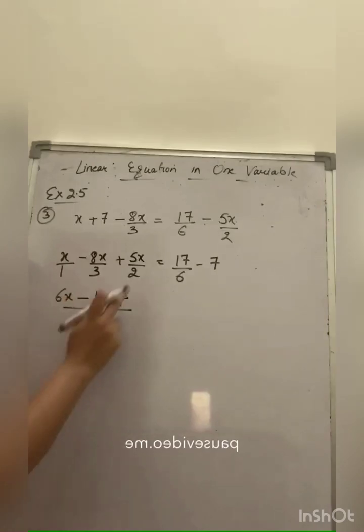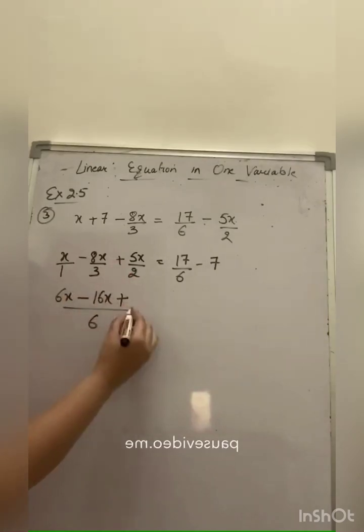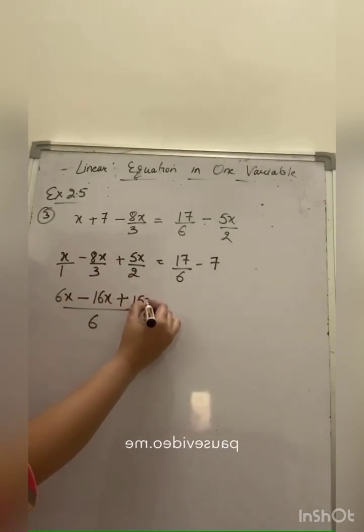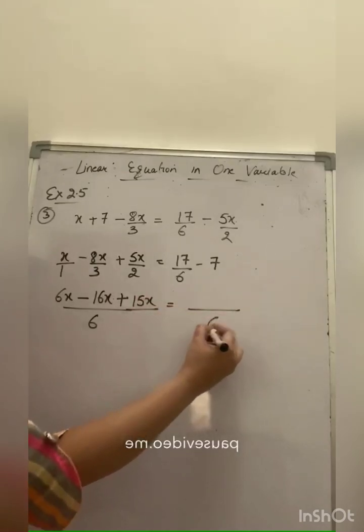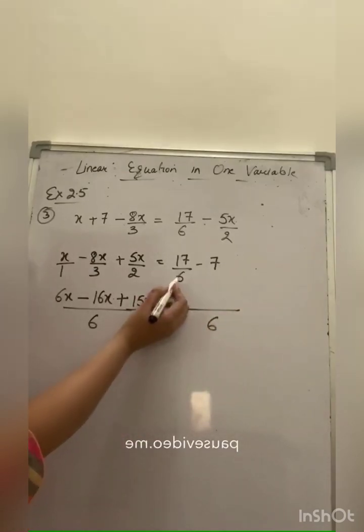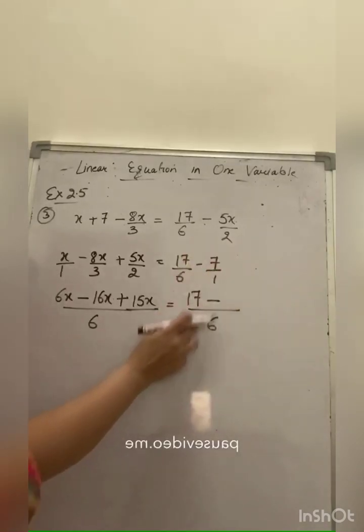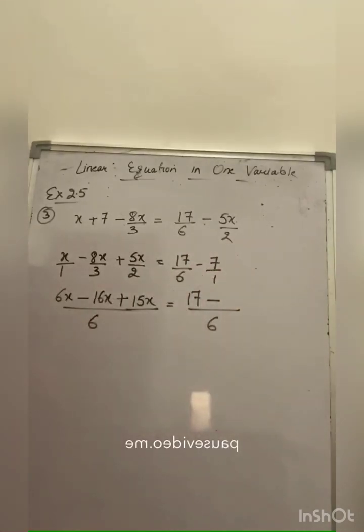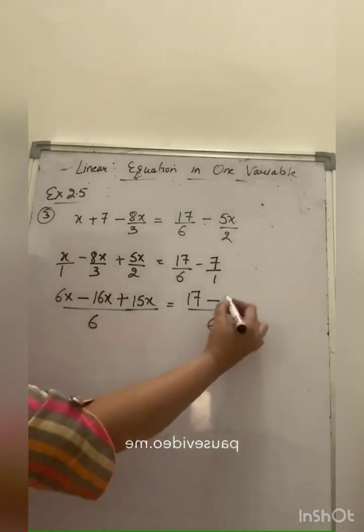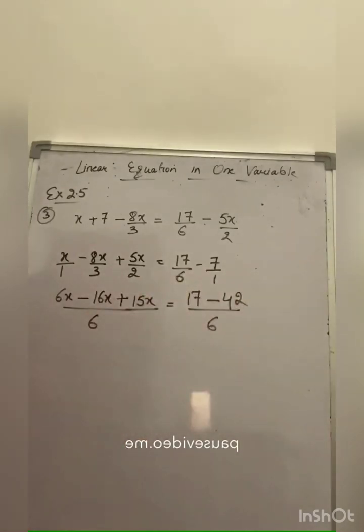Plus 6 divided by 2, 3. 3 into 5x is 15x is equal to 6 divided by 6, 1. 1 into 17, 17 minus 6 divided by 1 is 6. 6 into 7 is 42. Right?